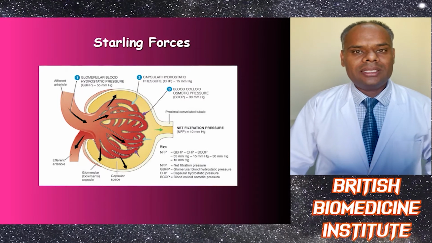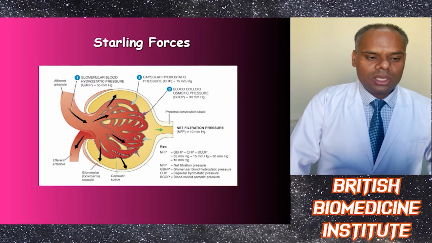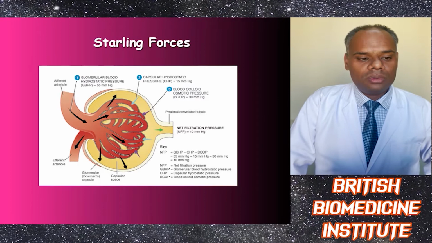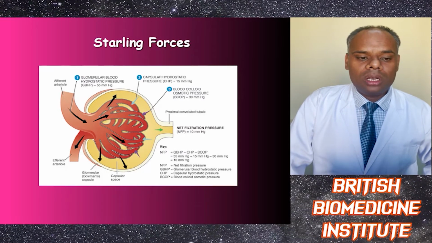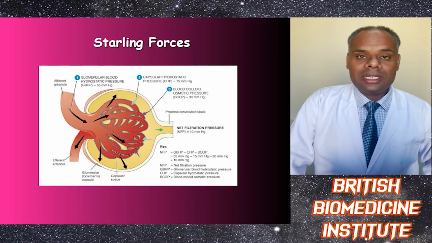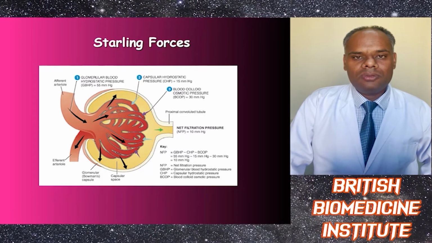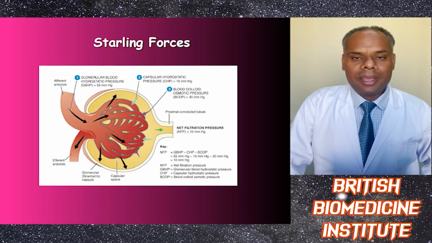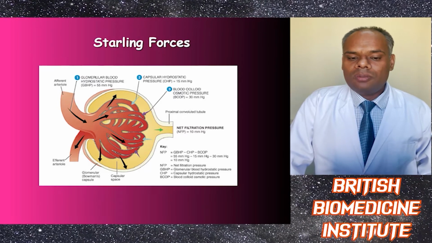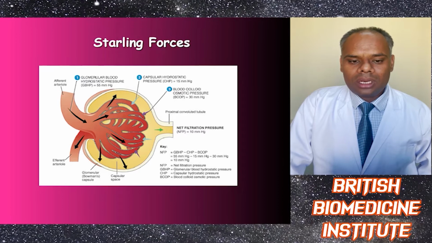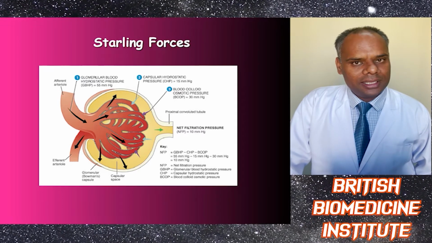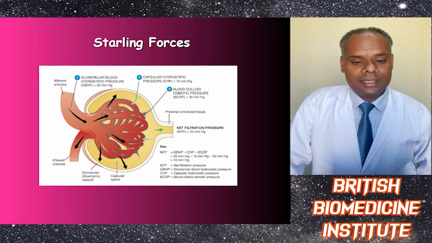Basically there are Starling forces coming from the afferent arteriole, and it goes to the glomerular blood hydrostatic pressure, which is near 55 mmHg. Then it moves to CHP, the capsular hydrostatic pressure, which ranges near 15 mmHg.